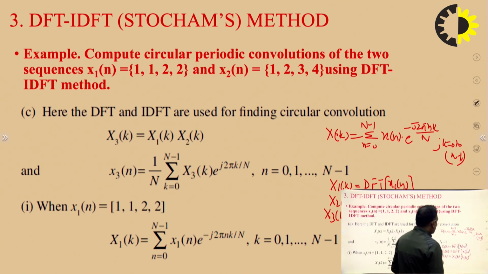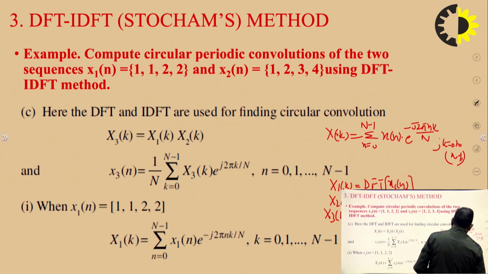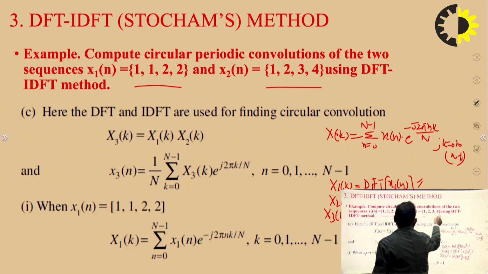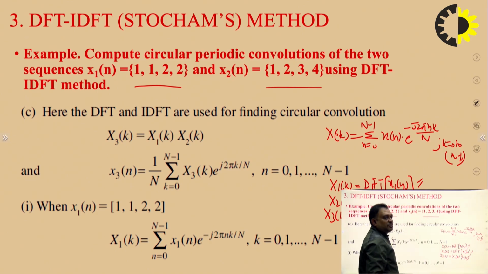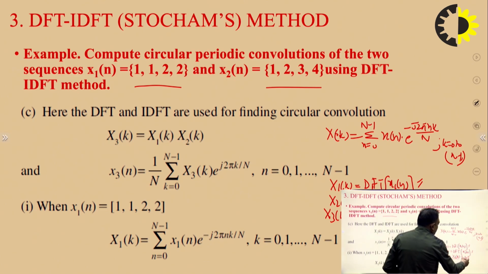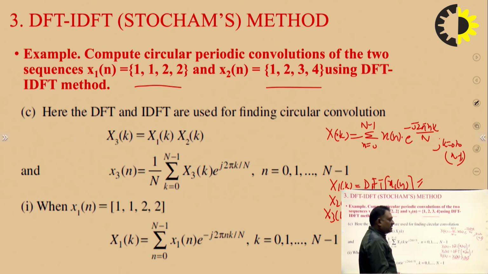It is important to note that in case of circular convolution, both the sequences must be of equal length. So you have already made these sequences equal if they were not equal, but here in this case they are equal, so there is no requirement of adding any zeros. The dimension of these two matrices will remain the same, and you will get the X3(k) matrix.